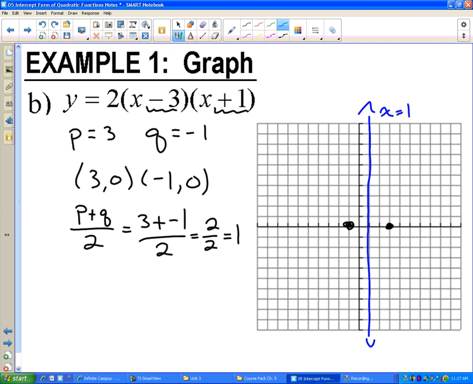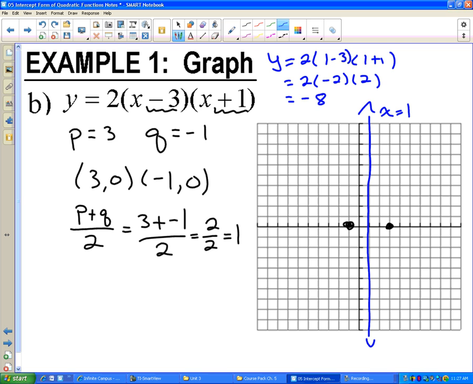I now need to find what y is when x is 1. So I'm going to say that y is equal to 2 times (1 minus 3) times (1 plus 1). So 2 times negative 2 times positive 2. 2 times 2 times 2 is 8, so this is negative 8.